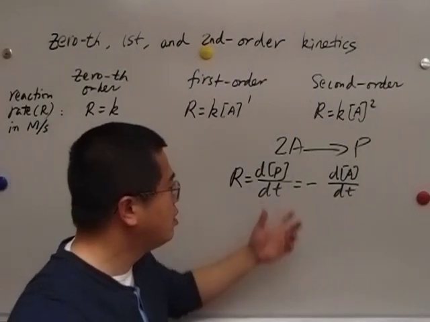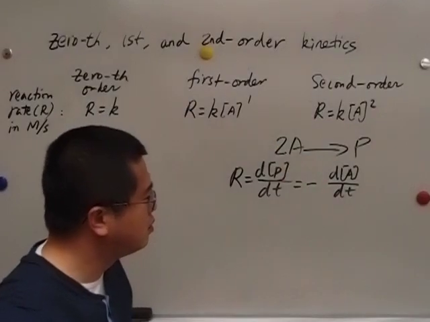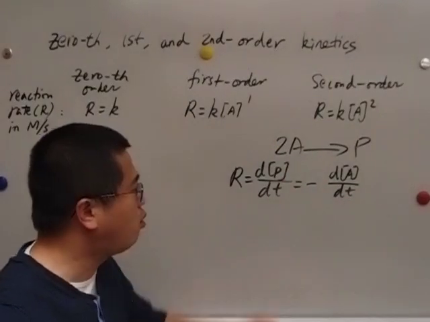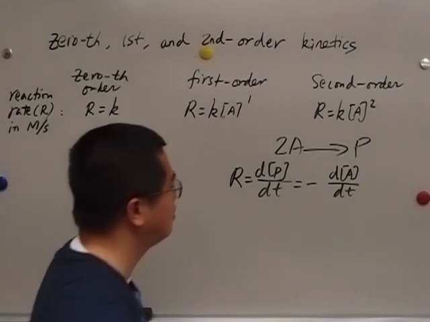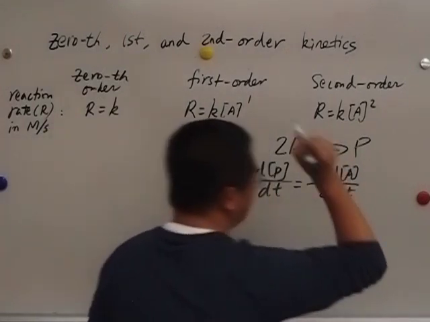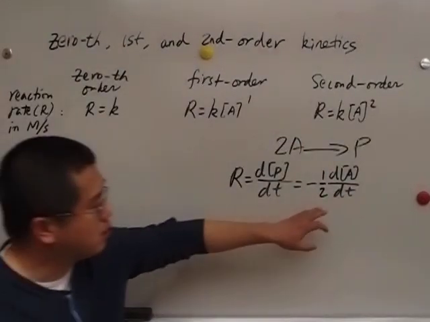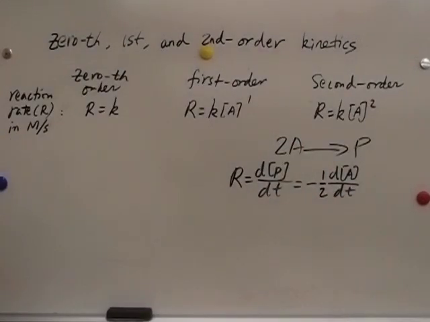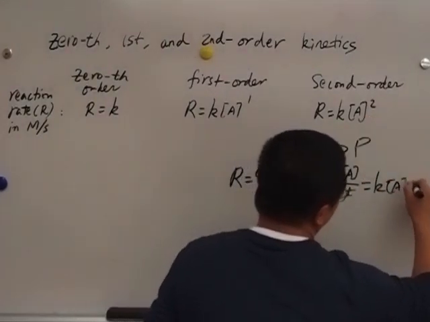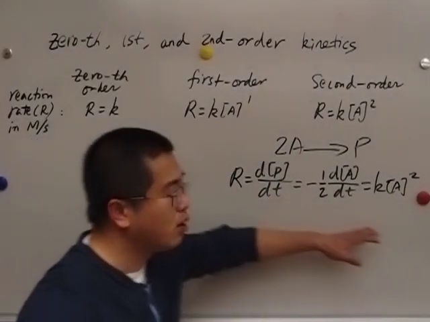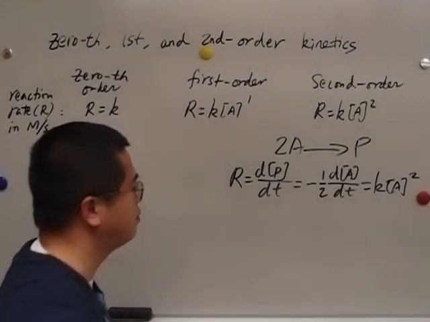So the consumption rate of A is twice the production rate of P. Therefore, we have to include this half here. And again, we're going to use this equation. And then we separate the two variables.